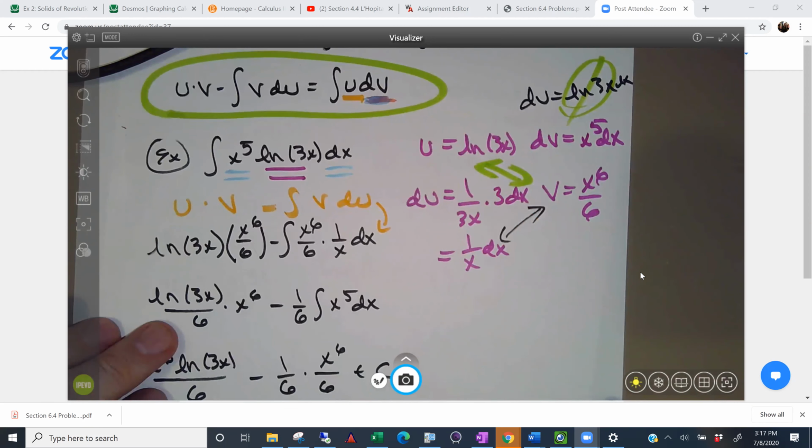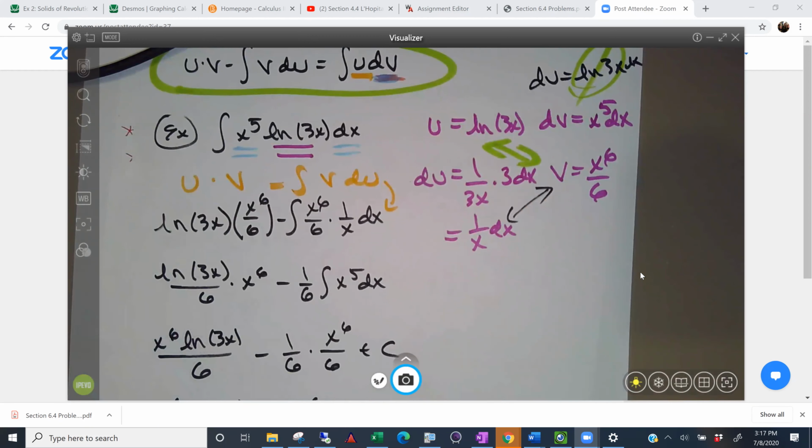For choosing u, I heard the previous question. I remember reading somewhere that there was this sort of acronym that you would follow to choose u. Does that help at all? I don't know what that acronym would be, but if you want to run it by me... I think it was choosing the u in the order of logs, then inverse, then algebraic, then trig, then exponential.